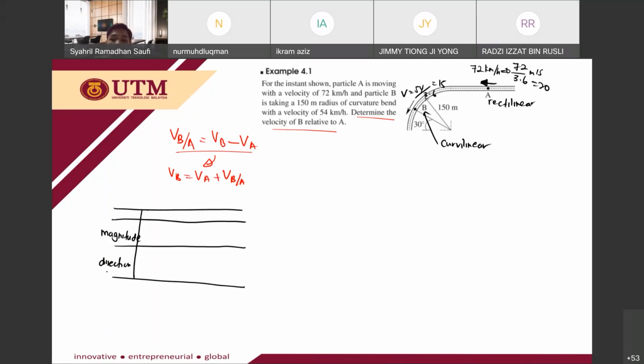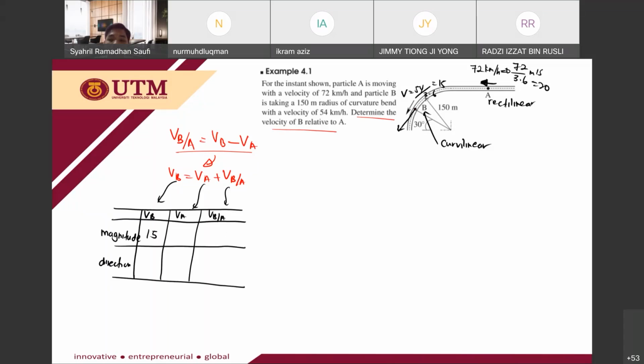Then I put the information VB, then VA, then VB/A. VB is actually 15, and then you need to determine what would be the angle here.